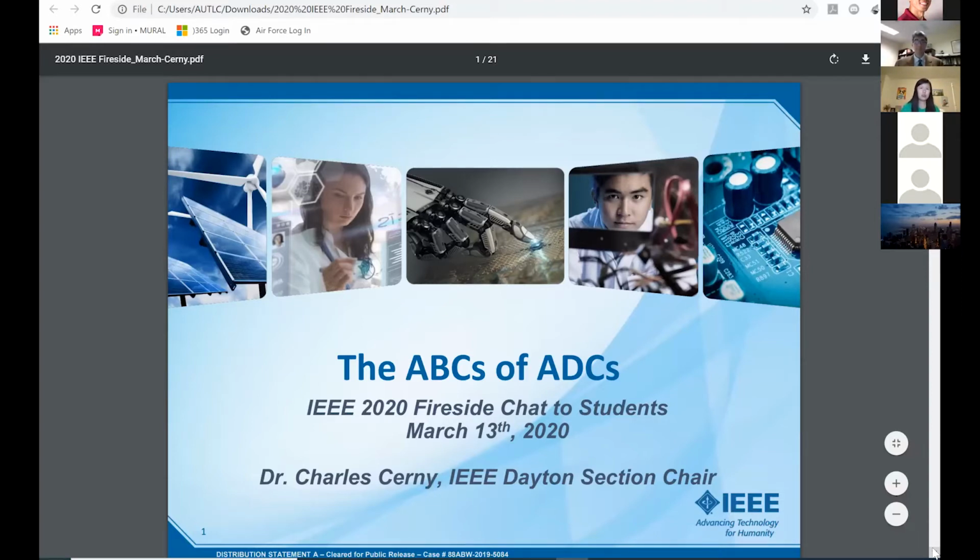Region 2 is in the eastern US, which covers 7 states like Washington, D.C., part of Virginia, West Virginia, Delaware, Maryland, Pennsylvania, part of New Jersey, and Ohio. And there are 4 areas in Region 2. And the West area includes 7 sections in Ohio, which includes the Dayton section.